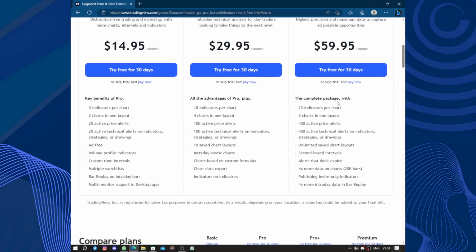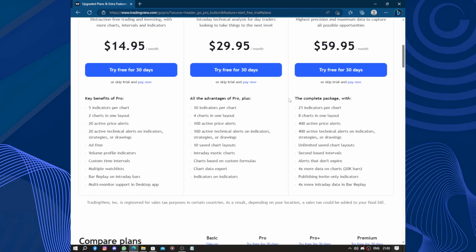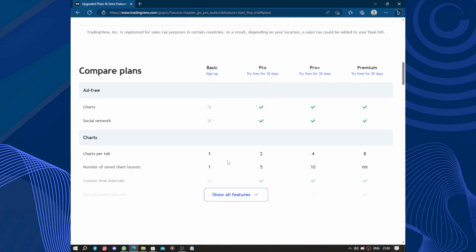So here we have the Premium, highest precision and maximum data to capture all possible opportunities, and it is the complete package. It has all of those. So those are the differences between the plans.